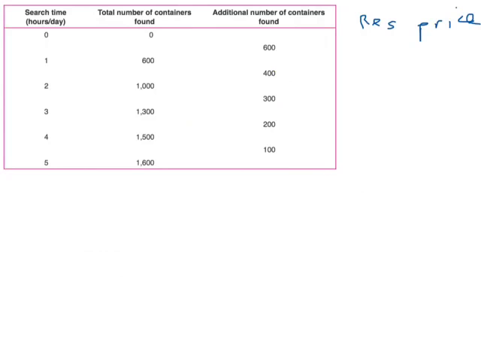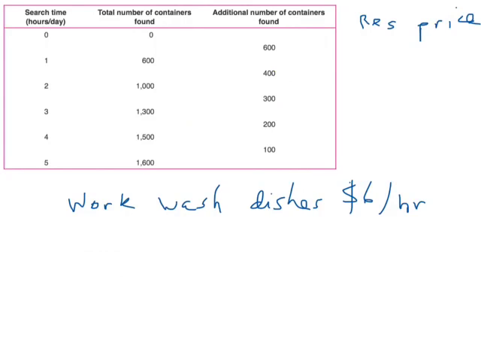And the key is that he can work washing dishes for $6 per hour. So the key insight here is he'll go collect cans if he can make more than $6 for that hour. He'll go the first hour if he can make more that hour than he can washing dishes.